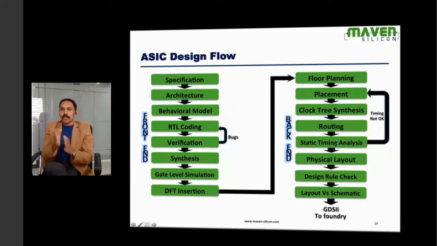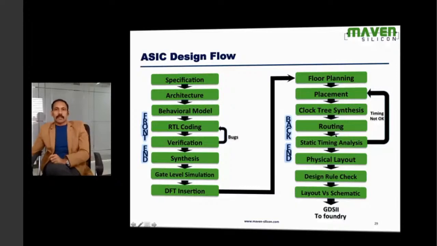To put it in a simple way, in front end, we verify the functionality. In back end, we verify the timing. Always remember this, because to verify timing, we need the actual layout. That's what happens in the back end. And then we create the physical layout, how the actual chip is going to be. We call this a stick diagram, how the transistors can be realized on actual silicon.